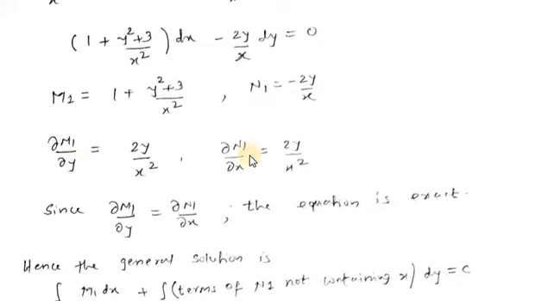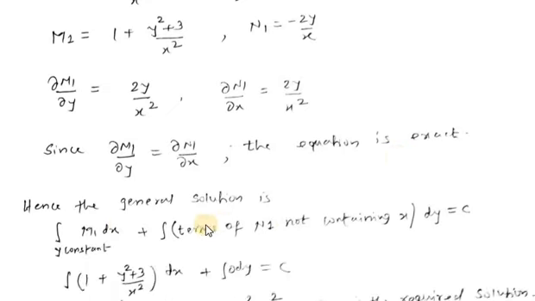Now the partial derivative of N1 with respect to x, del N1 by del x, is equal to minus 2y, which is constant, and the derivative of 1 upon x is minus 1 upon x square. So minus minus is plus. So we have del M1 by del y equals del N1 by del x. Hence we can say that the given differential equation is exact.